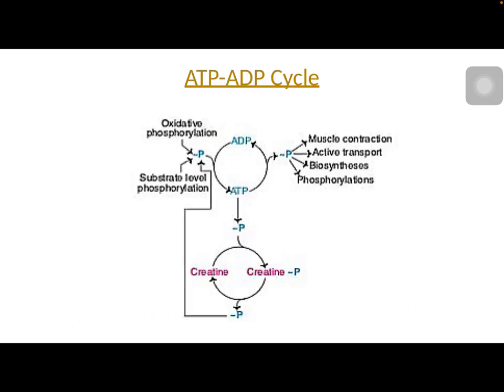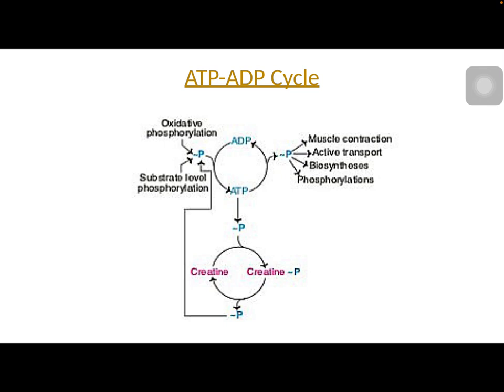So we have to discuss the ATP and ADP cycle, which is based on oxidative phosphorylation and substrate level phosphorylation. We have already discussed oxidative phosphorylation, and during oxidative phosphorylation, ATP generation is relatively higher than in substrate level phosphorylation.